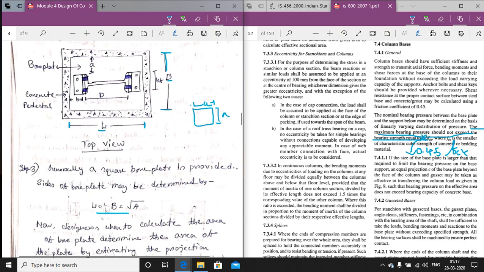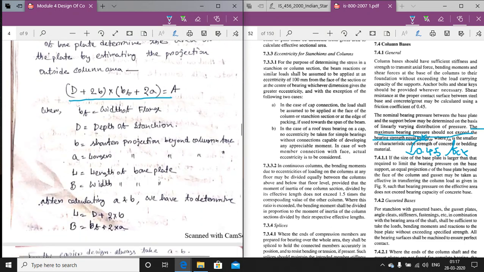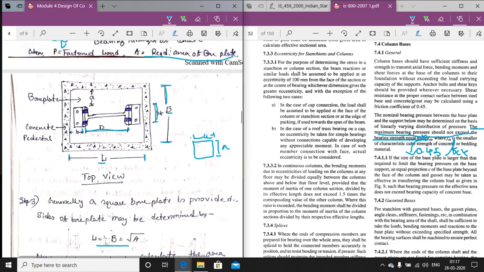Why? Consider this is an I section column. This is the depth of the column and this is the width of the flange, that means the width of the column. The base plate will be provided with an overhang, that is the projection beyond the column face, and A is also a projection beyond the column face.